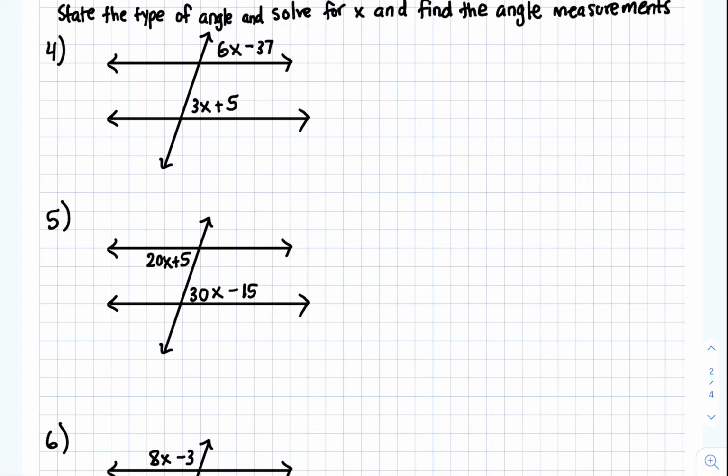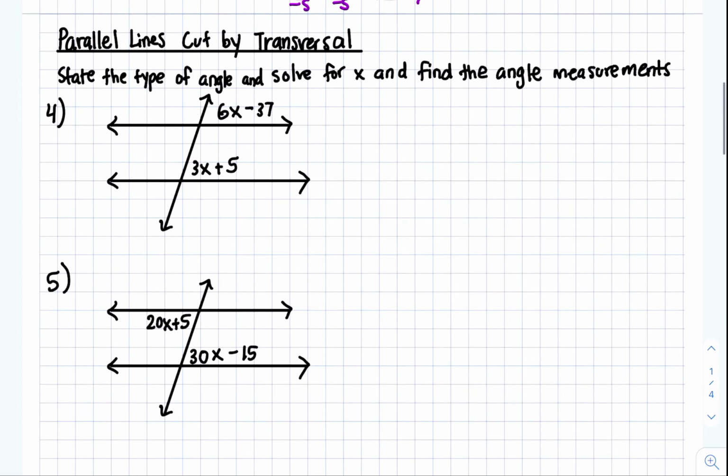Okay, next. It's parallel lines cut by a transversal. State the type of angle you have, solve for x, and find the angle measurements. So for number 4, two parallel lines cut by a transversal. Identify these by labeling.